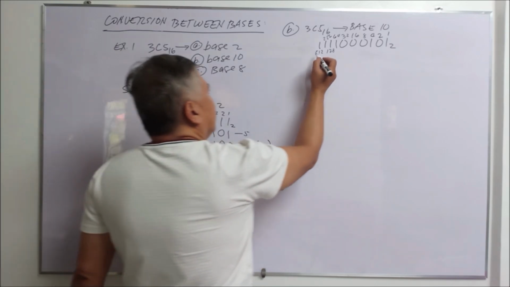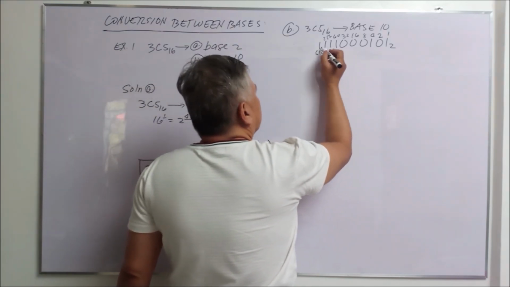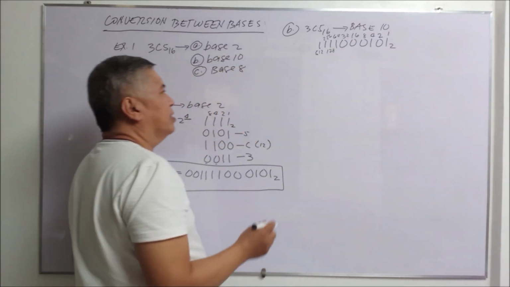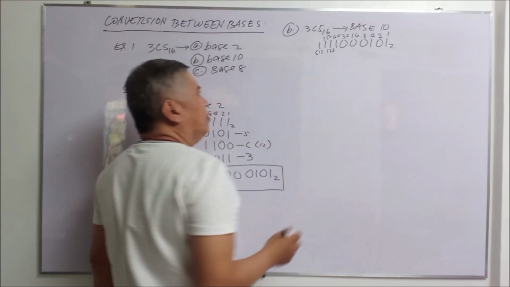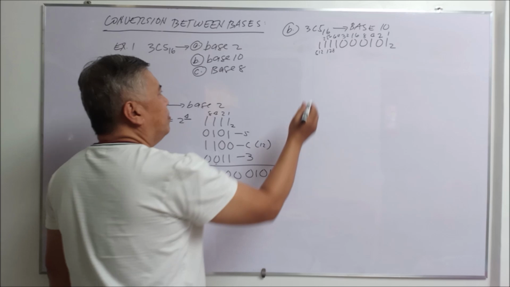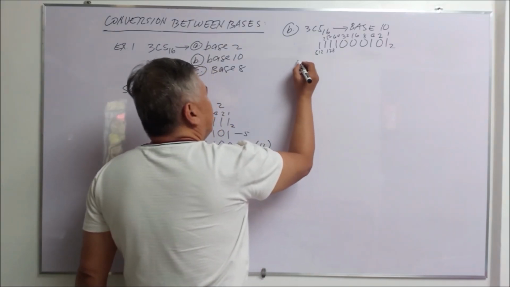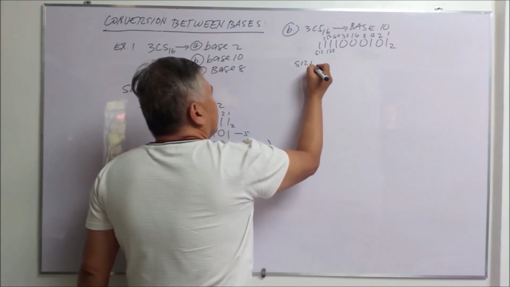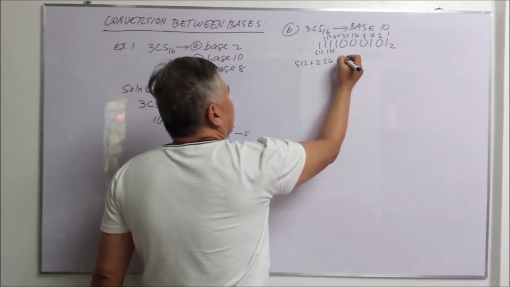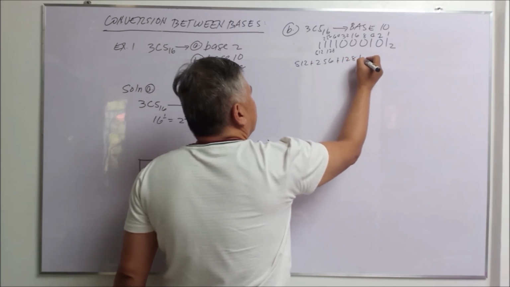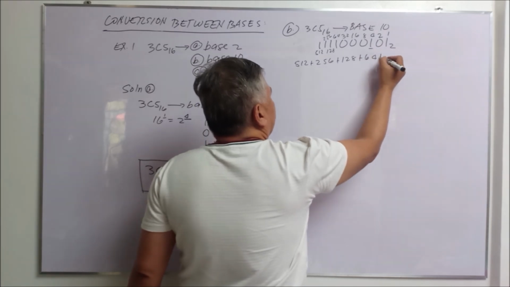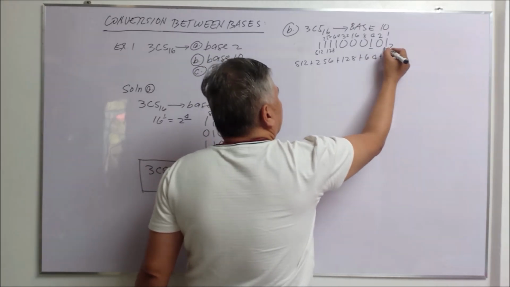Then you add the numbers with representation of 1 in the original binary number. You get the decimal equivalent of that particular binary representation. For example, this one, 512 plus 256 plus 128 plus 64 plus 4 plus 1.